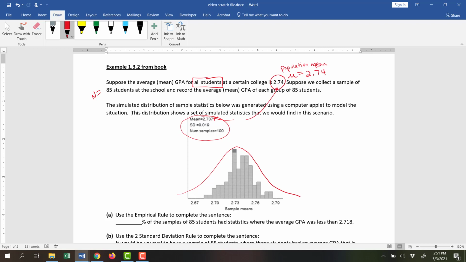This happens when you do simulations. They're not going to come out exactly according to our theoretical mathematical ideals. It's really close to 2.74, but it came out to 2.737 in the simulation of sample statistics.